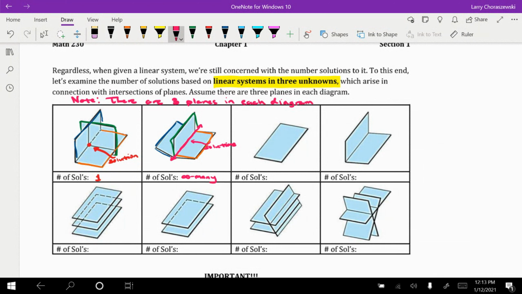Okay, so in one case we have just one solution, and the geometry of that solution is a point. In another case, we've got infinitely many solutions, and the geometry of that solution is a line. Now, what's happening in the third diagram is all 3 planes are on top of each other. Any point that's in one plane is going to be a point in the other 2 planes, and so on and so forth.